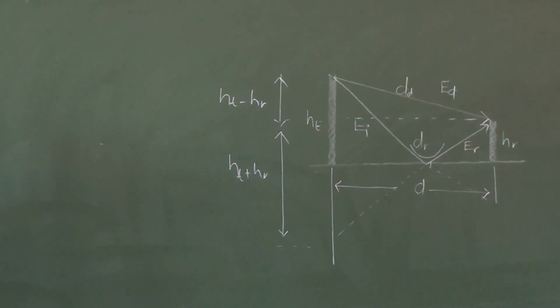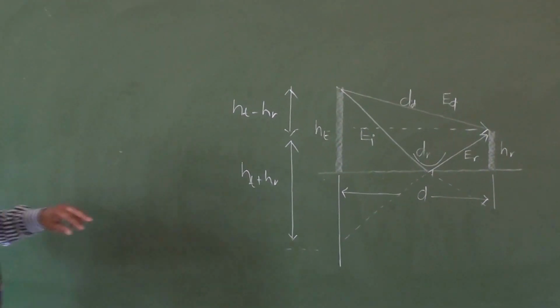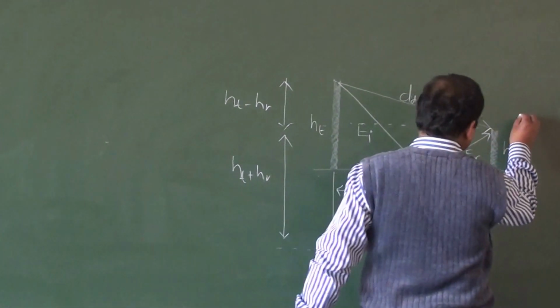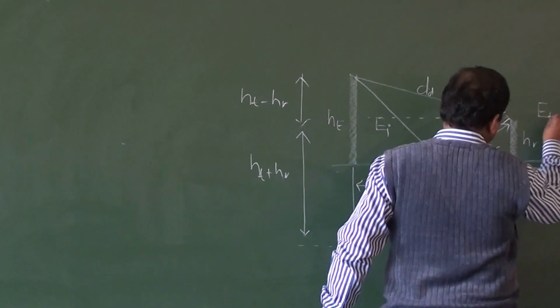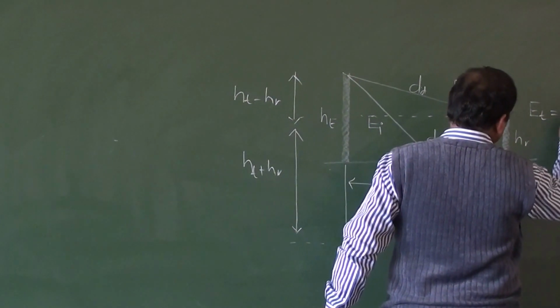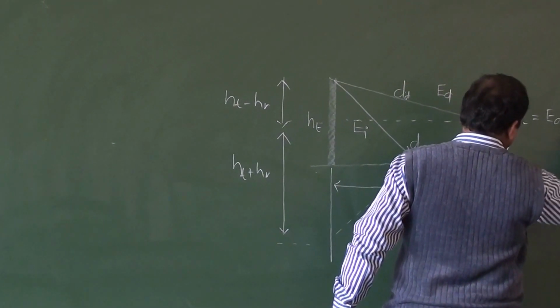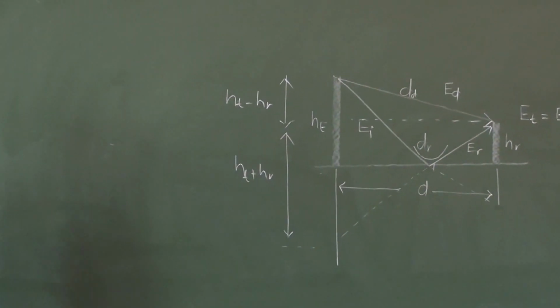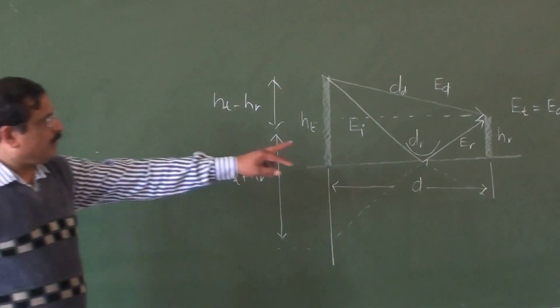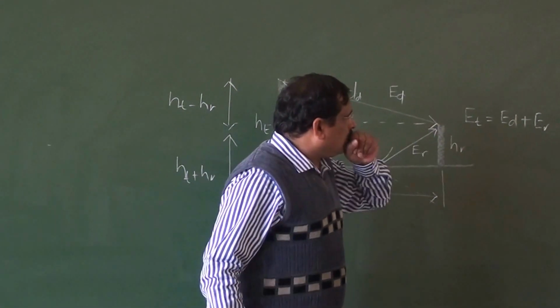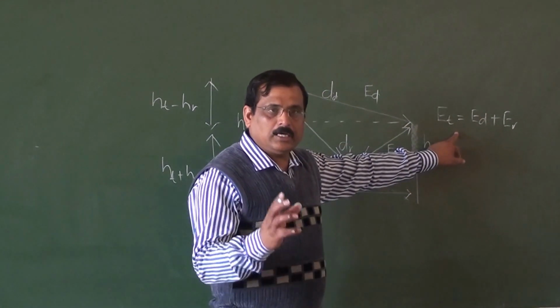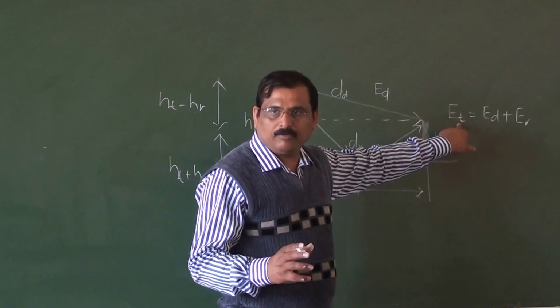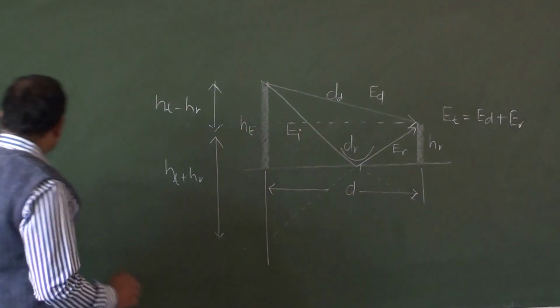After this, what we have calculated is ET here, and we know that ET is basically ED plus ER. This is what we have calculated. What is the value of this? We have even taken the amplitude of this particular value and indicated it by this figure.